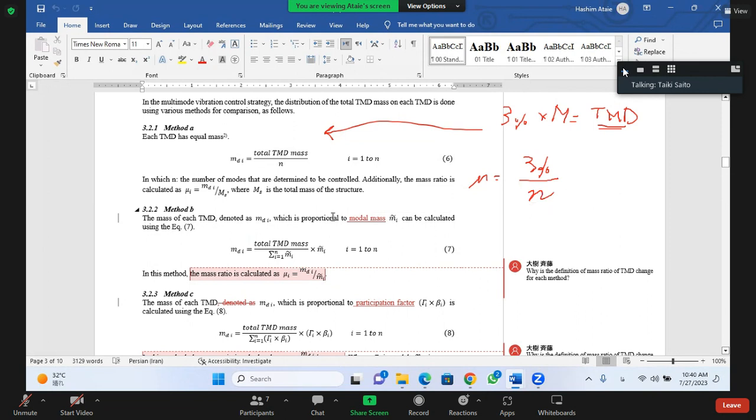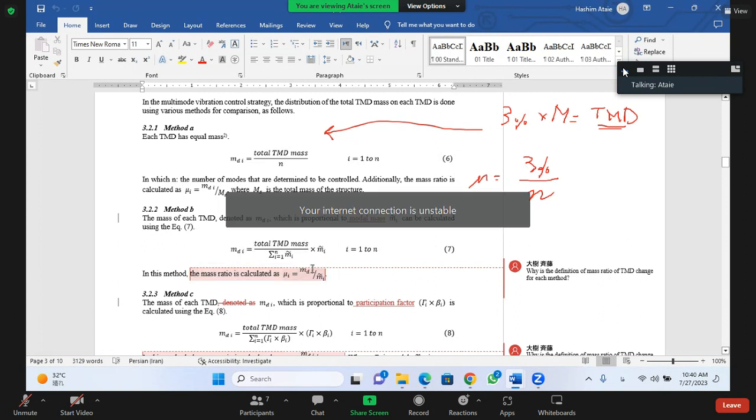Okay. And in case of method B, it is the mass of each TMD divided by the modal mass of that mode. So the mass ratio of each TMD is equal to the total mass ratio, 3%.